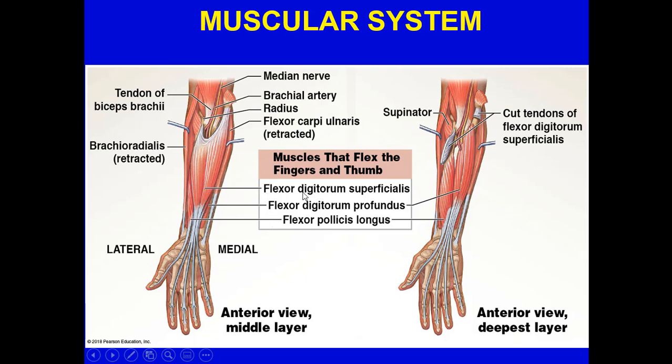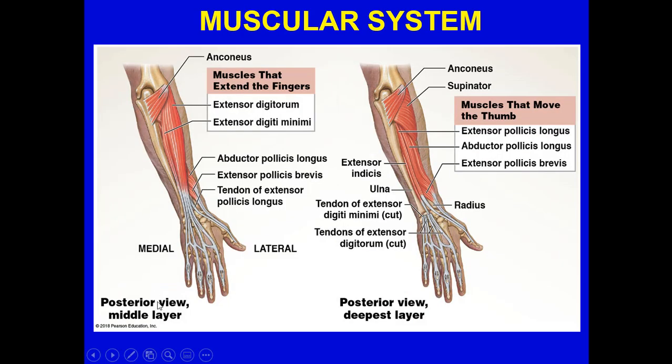And now we're going to talk about the flexor digitorum superficialis, and notice how it basically has tendons that radiate out, except for this little guy here, which is the flexor pollicis longus. Notice when we say pollicis, it's really dealing with the pollex of the thumb.